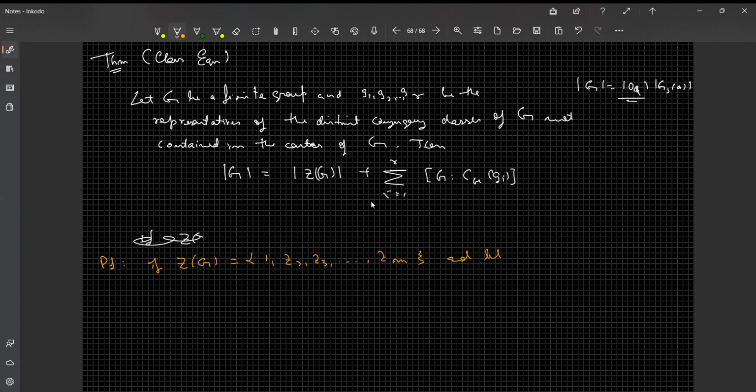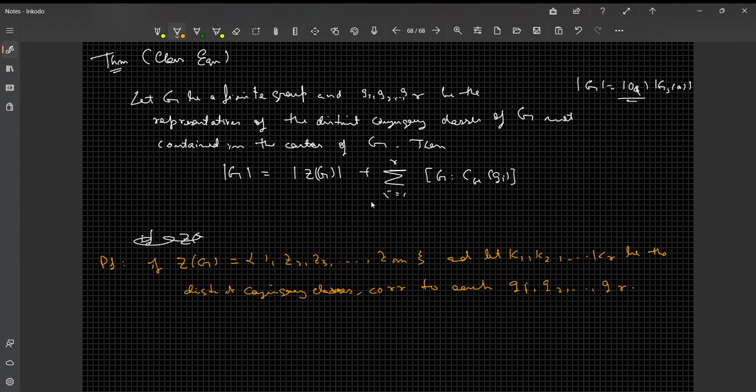And let K1, K2 till Kr be the distinct conjugacy classes corresponding to each gi, or else just g1, g2 till gr. So Ki is the conjugacy class of gi.